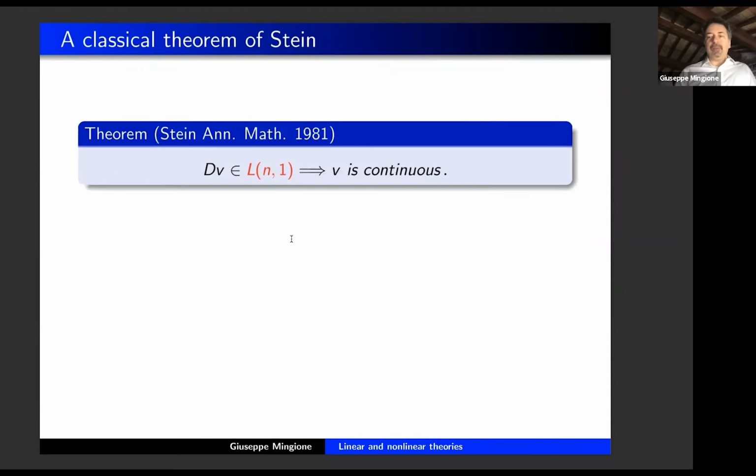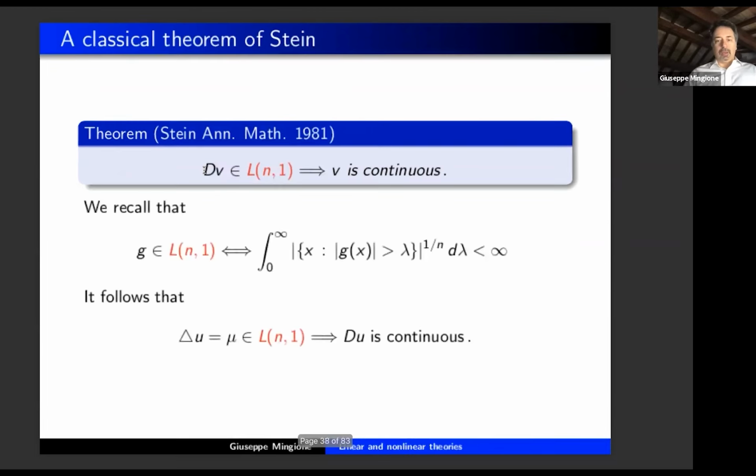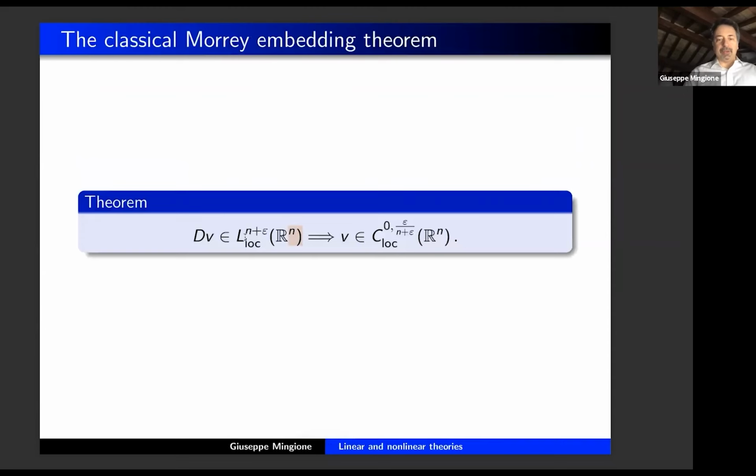Okay, now let me give a funny application, which is coming back later on. There's a classical theorem of Stein, which is actually the borderline version of Morrey's embedding theorem, that tells when V is continuous once you know where the gradient is. This is Morrey's theorem.